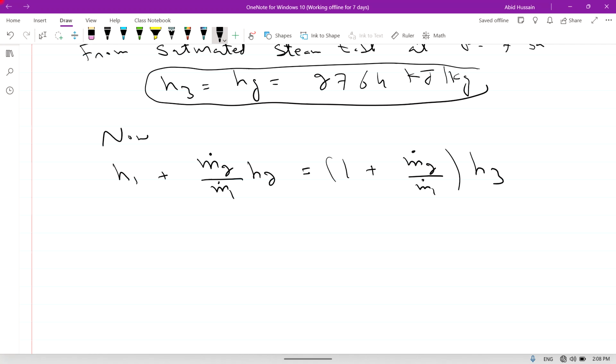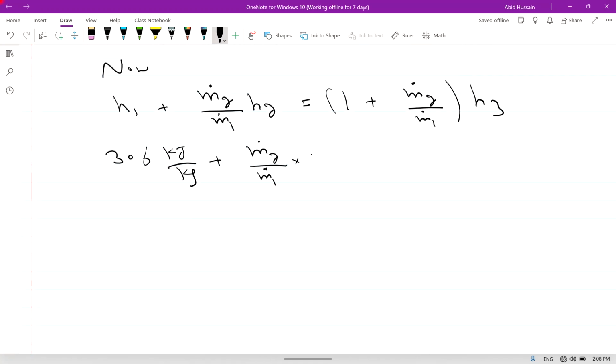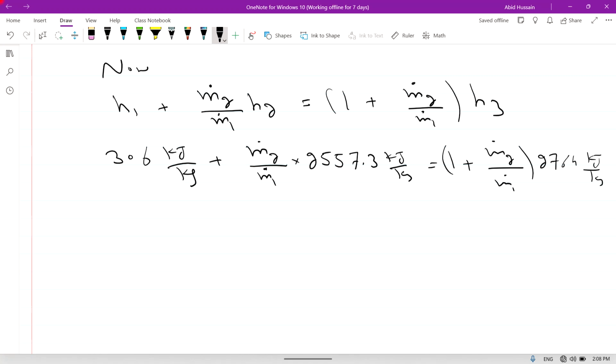Now putting values in this equation, the value of h1 is 3060 kilojoule per kg plus m2 dot divided by m1 dot, which is unknown, times the value of h2, 2557.3 kilojoule per kg, is equal to 1 plus m2 dot divided by m1 dot, which is unknown, times the value of h3, 2764. Now simplify this equation and find m2 dot divided by m1 dot.